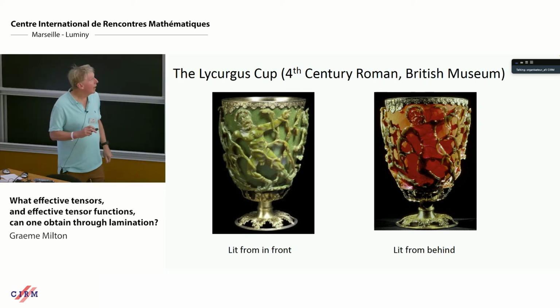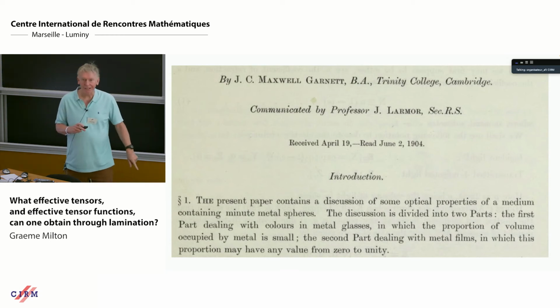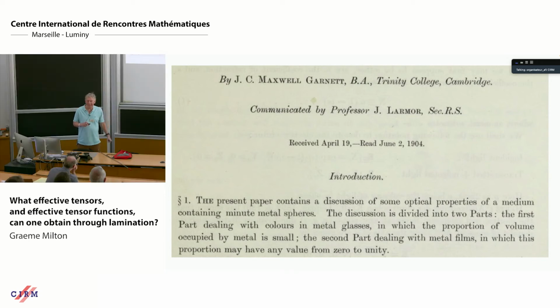And there's an older paper, from 1904 by J.C. Maxwell Garnett. It's odd, he's Maxwell too, but apparently Garnett was the laboratory assistant of Maxwell, and was so impressed that he named his son after him.